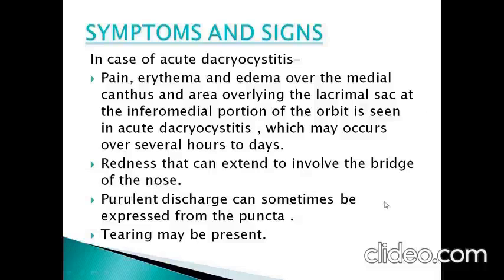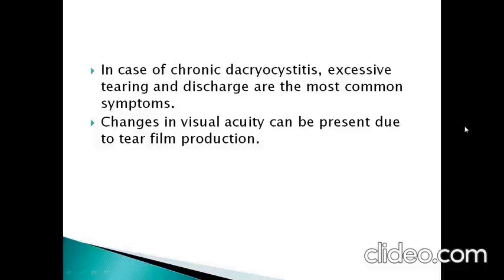Purulent discharge can sometimes be expressed from the puncta, and tearing may or may not be present in acute dacryocystitis. In chronic dacryocystitis, excessive tearing and discharge are the most common symptoms. Changes in visual acuity could also be seen because of the tear film over the eye, due to the excessive tearing.